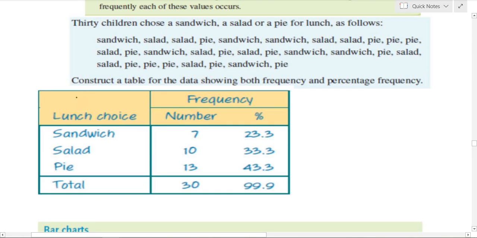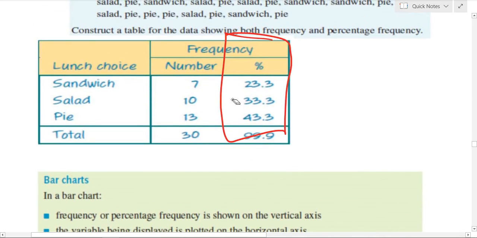When you're constructing a frequency table, you have to include all of this. You've got the options or the variables here, and then you've got frequency. I would say this is frequency and this is percentage. I'll probably split this up a little bit differently, but you can use your table to make it look like this.